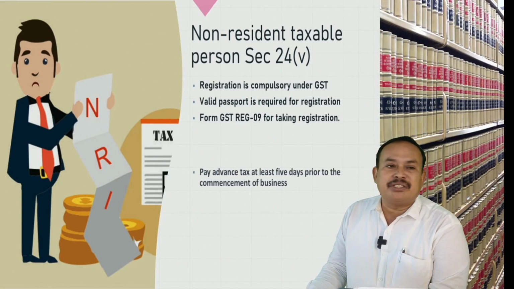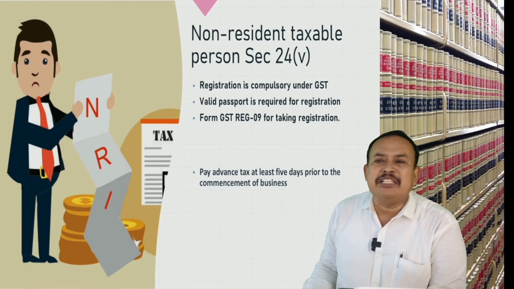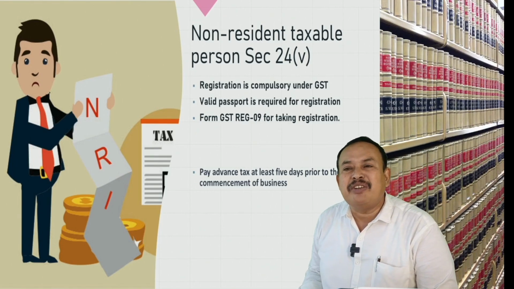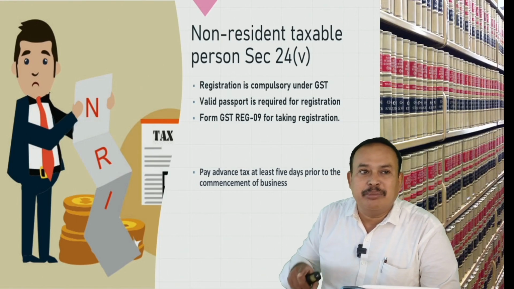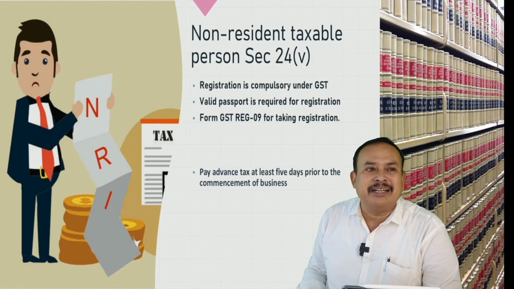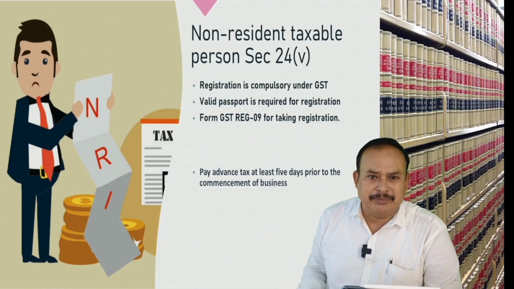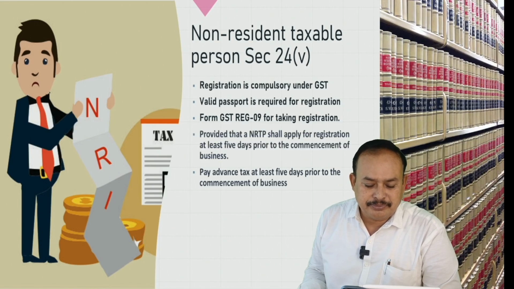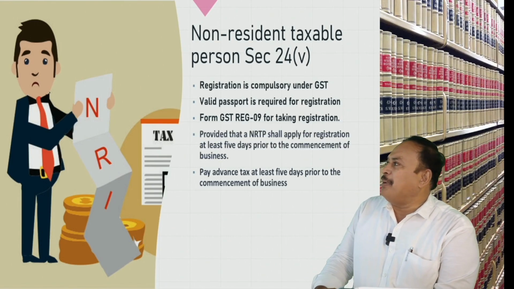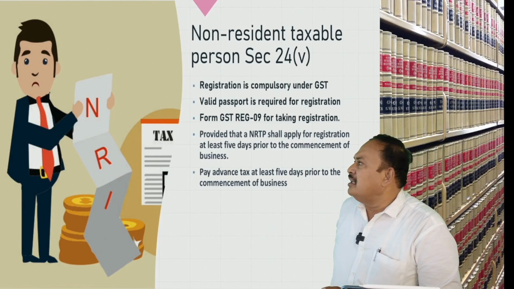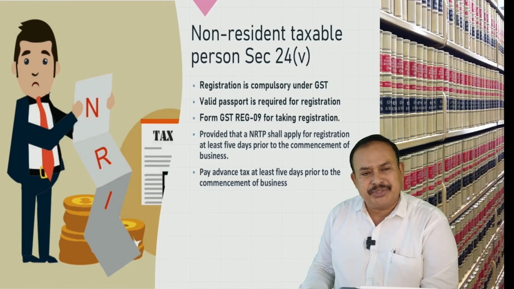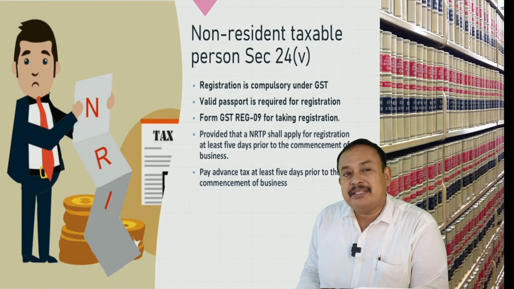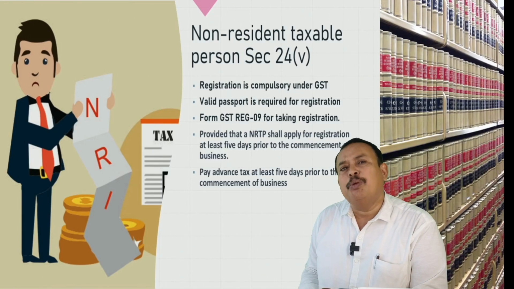Pay the advance tax at least 5 days before the commencement of business. What is advance tax? As I referred to for the casual taxable person, same here also: estimated liability less estimated ITC, the net you have to pay as advance tax. Such NRTP shall apply for registration at least 5 days prior to the commencement of business. Sir, you may argue with me, NRTP is eligible for input tax credit.